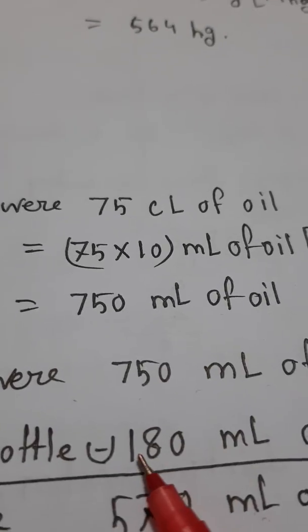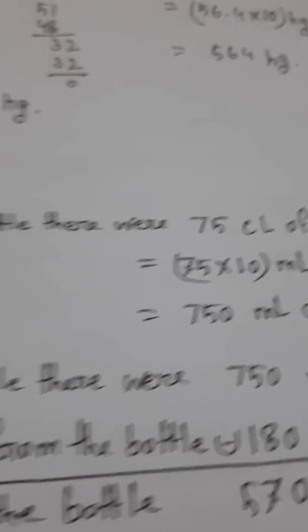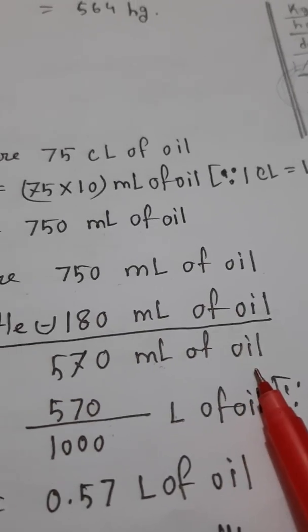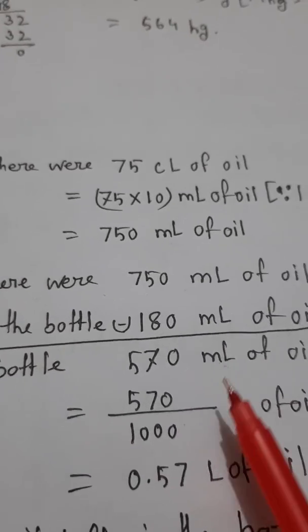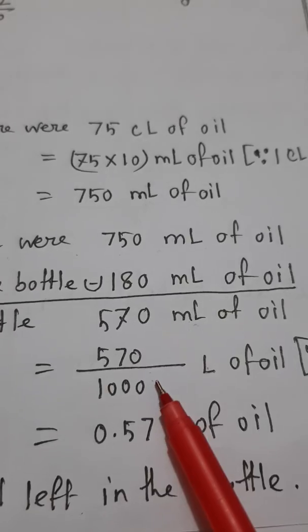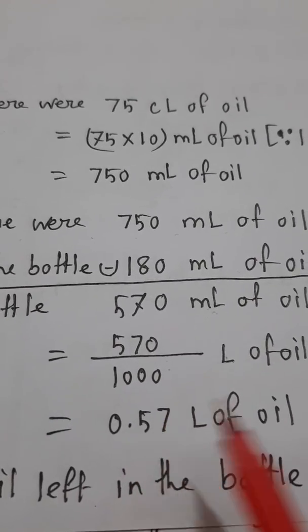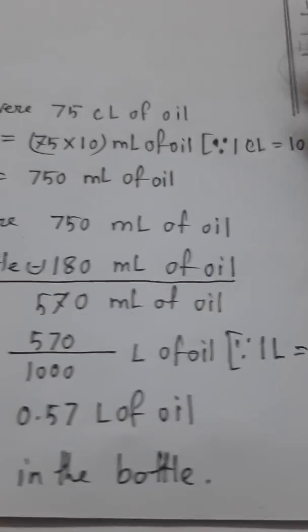Shanti uses 180 milliliters. By subtraction, 570 milliliters are left in the bottle. We express milliliters in liters by dividing by 1000. Therefore the answer is 0.57 liter of oil. Final answer.